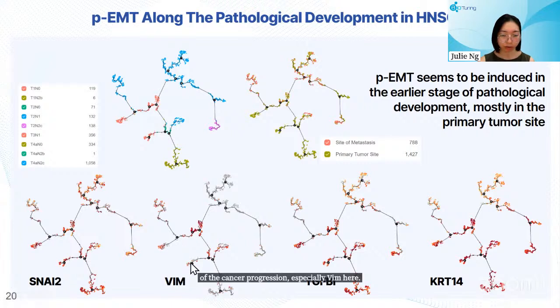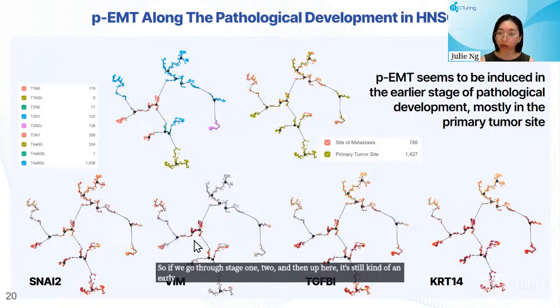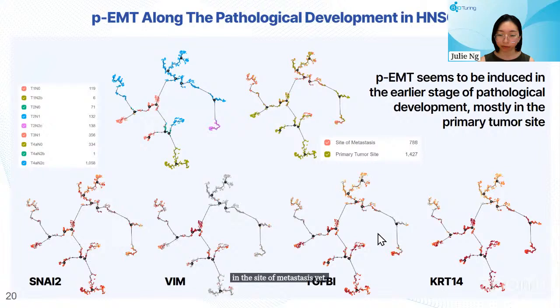If we go through stage 1, 2, and then up here, it's still an early stage of the cancer, but not quite in the site of metastasis yet. However, we do see a decrease in our KRT14, our epithelial cell marker, as we progress into metastasis.